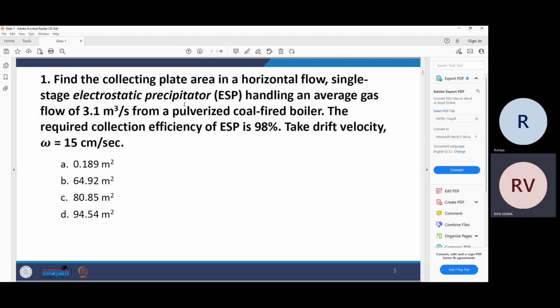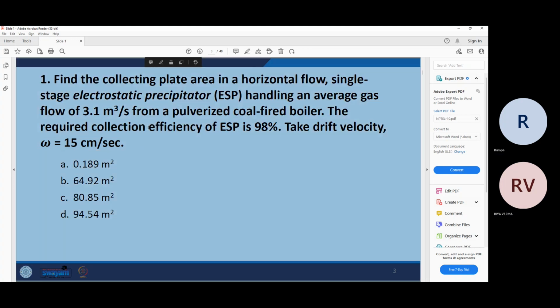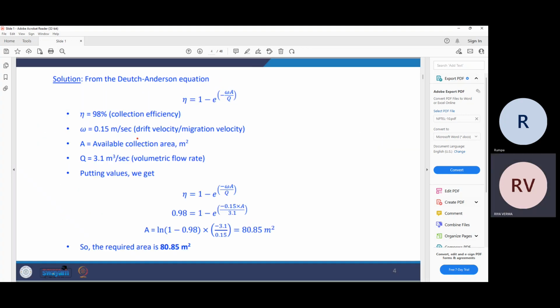What else have they given? They have given the gas flow, which is 3.1 meter cubes per second, and also the value of omega, that is 15 centimeters per second, right? So efficiency is 98%.